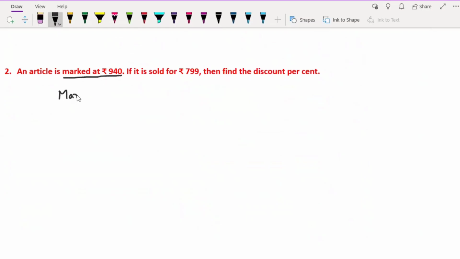Marked price, we can write as MP, is equal to rupees 940. And they give that the article was sold at 799. That is our selling price. Selling price is rupees 799.